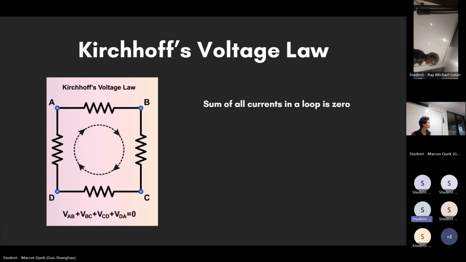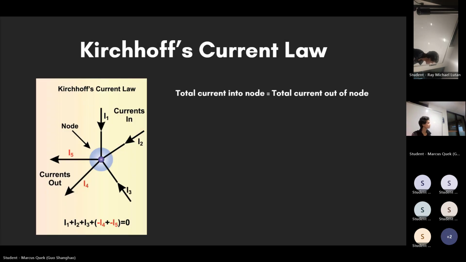Okay, next is Kirchhoff current law. So Kirchhoff current law states that current coming into a node is equivalent to current going out of the node. So you can think of it using the water analogy as the amount of water flowing into a point in the pipe is the same as the amount of water flowing out of the pipe.